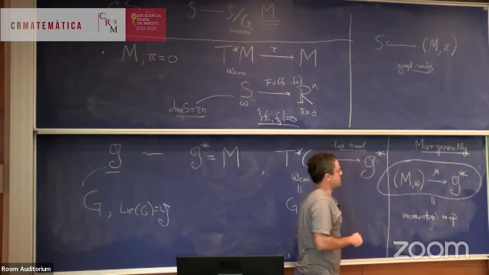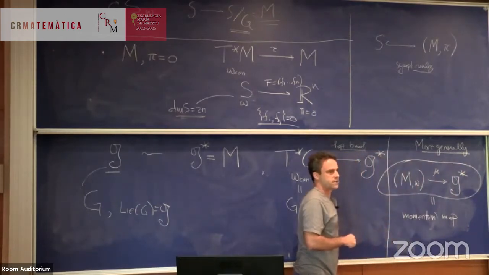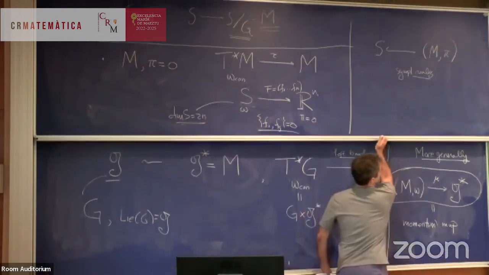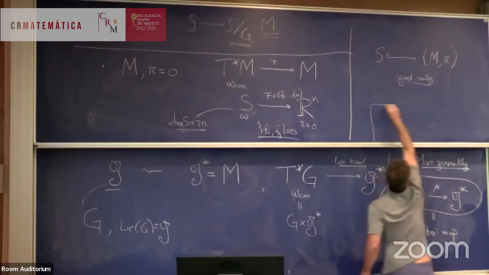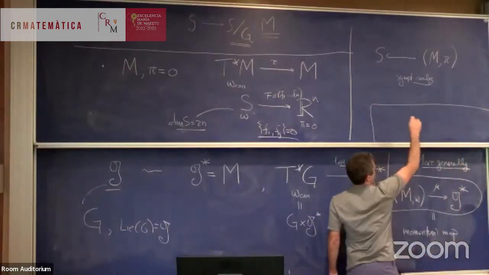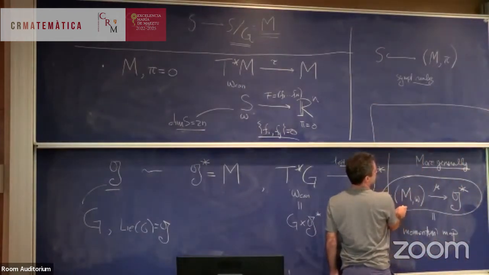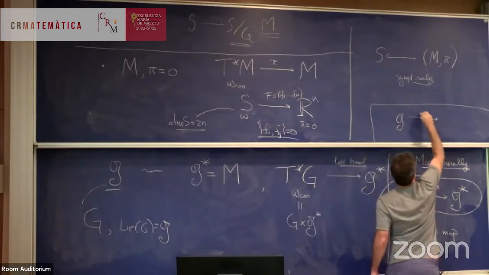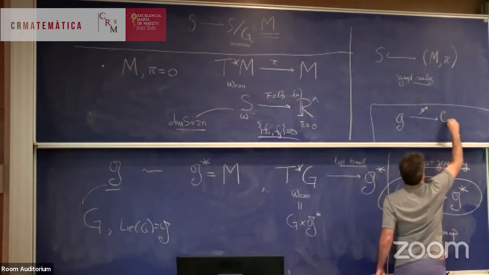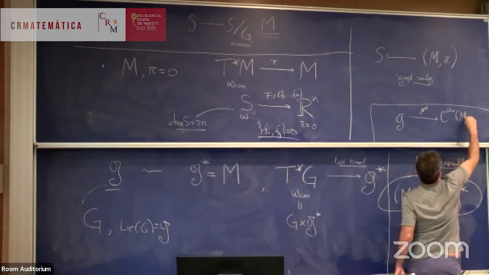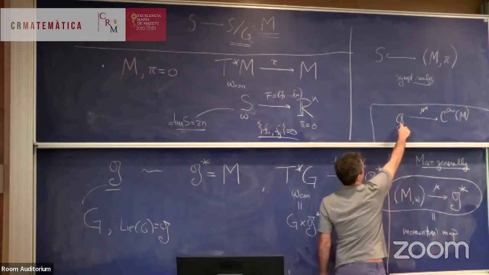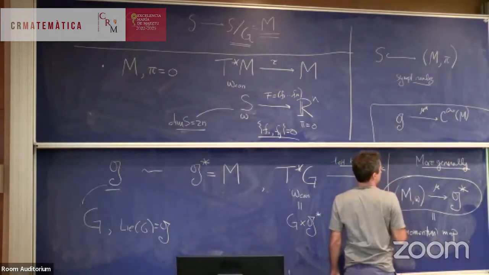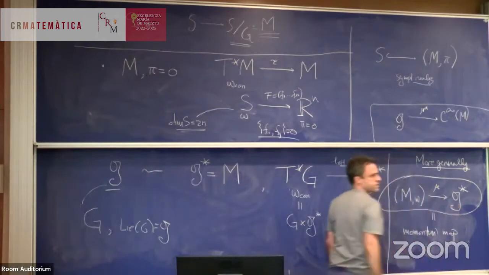But what I'm saying here is that out of this information, at least at infinitesimal level, the action is already defined. Okay? So basically, let me write here, sorry for that, but what is the action that is encoded here? So if you dualize this map, remember that you can see the Lie algebra as inside the functions on g star.